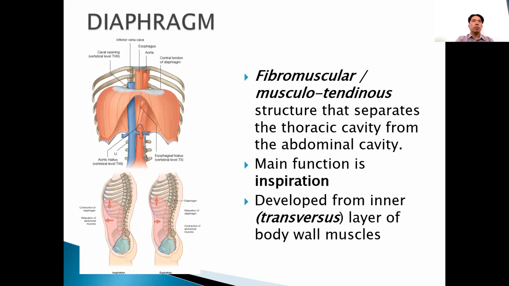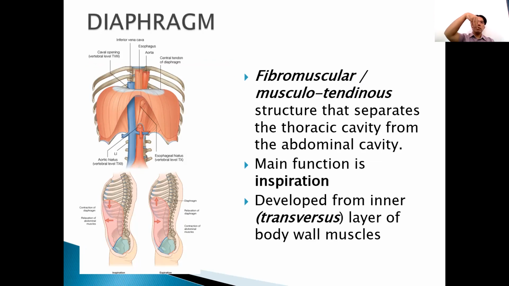Okay, sorry about that. So its main function is inspiration. So when it contracts, you would imagine that the dome of the diaphragm contracts and it forms, this is the relaxed diaphragm.